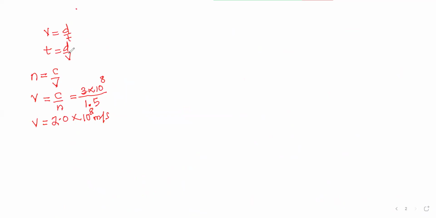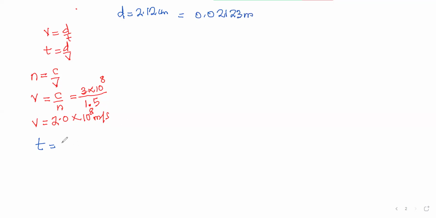So we have D, we have V. Now, because V is in meter per second, it means we must change D, which is in centimeter, to meter. And this is by dividing through by 100. So 0.02123 meter.